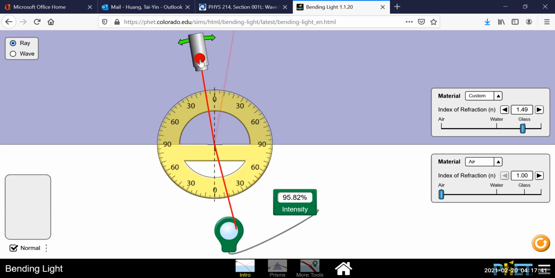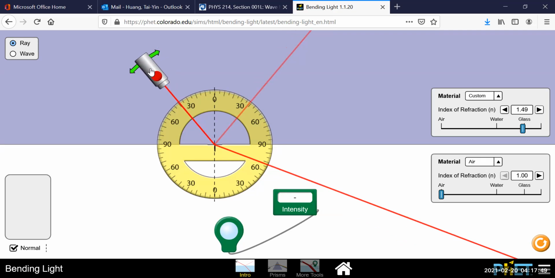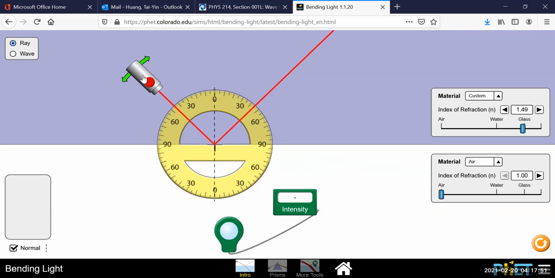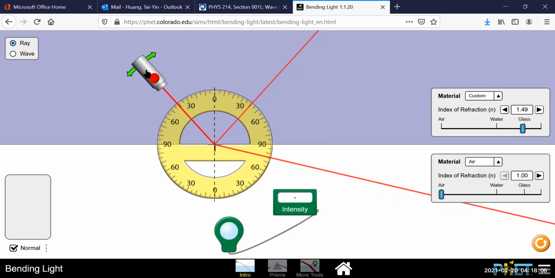So we're going to do exactly the same thing. You have 10 here, do the measurements, and then at 20, 30, you can see how the light ray changes. And then at 40, you can see that the refracted ray disappears. You have to be a little careful to see at what angle this light ray disappears.